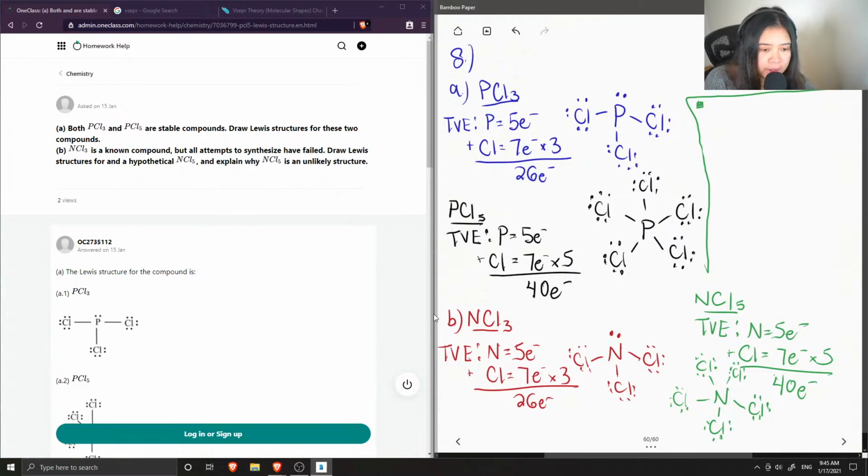So if we write out the electron configuration of nitrogen, it is 1s2, 2s2, 2p3. So to form nitrogen pentachloride, we need 5 unpaired electrons, and they are required.